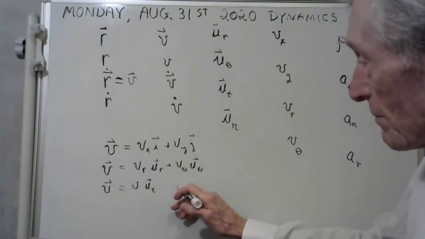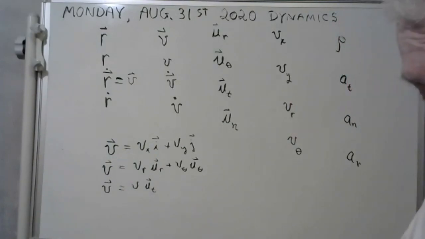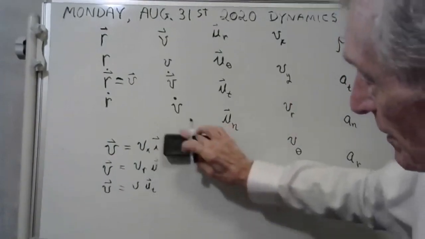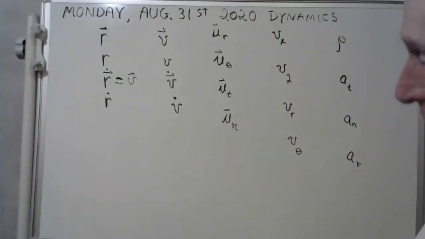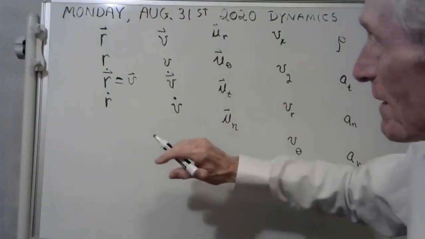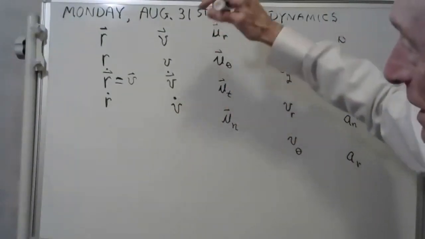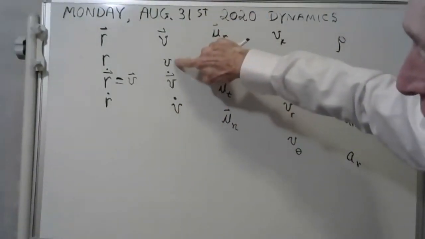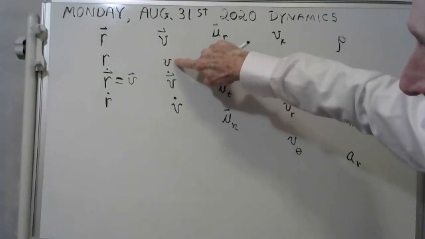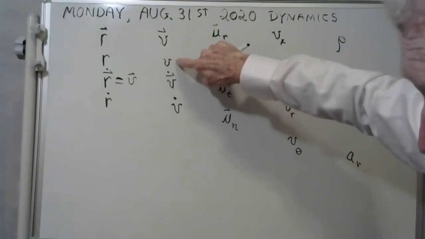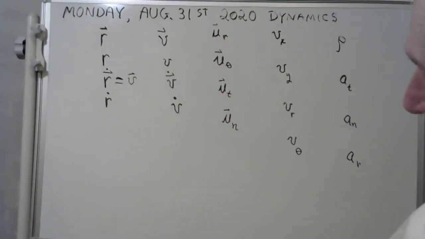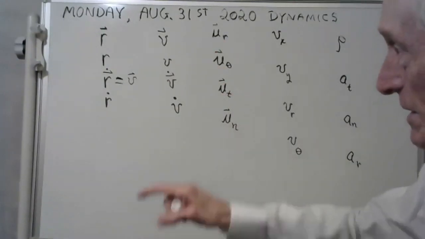I got a little room here. Let me think about all that, guys. You're doing fine. Now, what's that one right there? That's called the magnitude of the velocity. Yeah, it's the magnitude of the velocity.